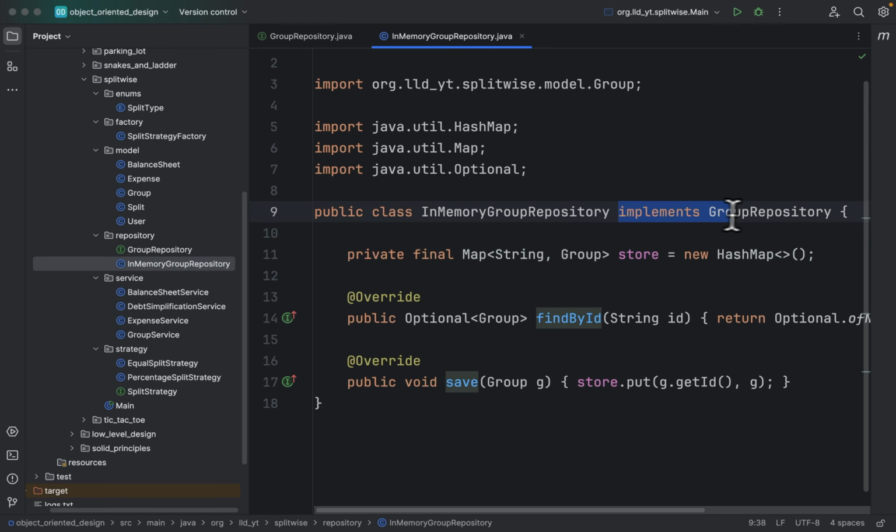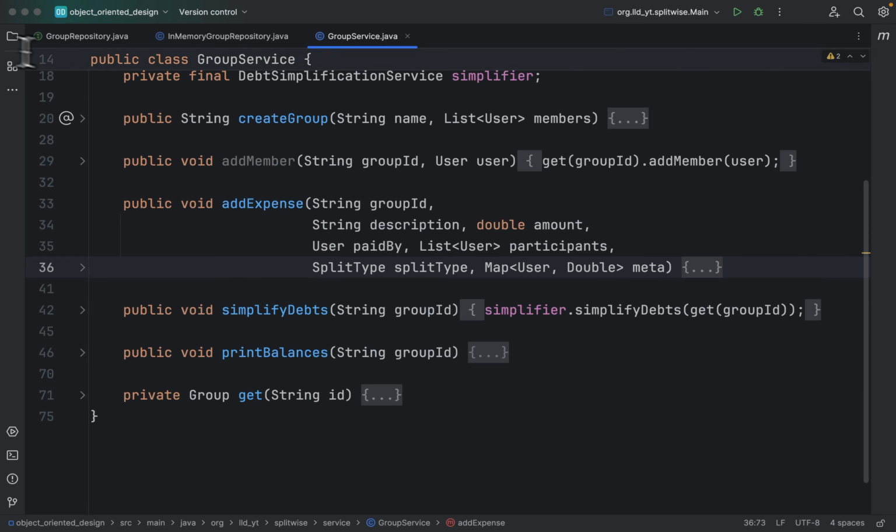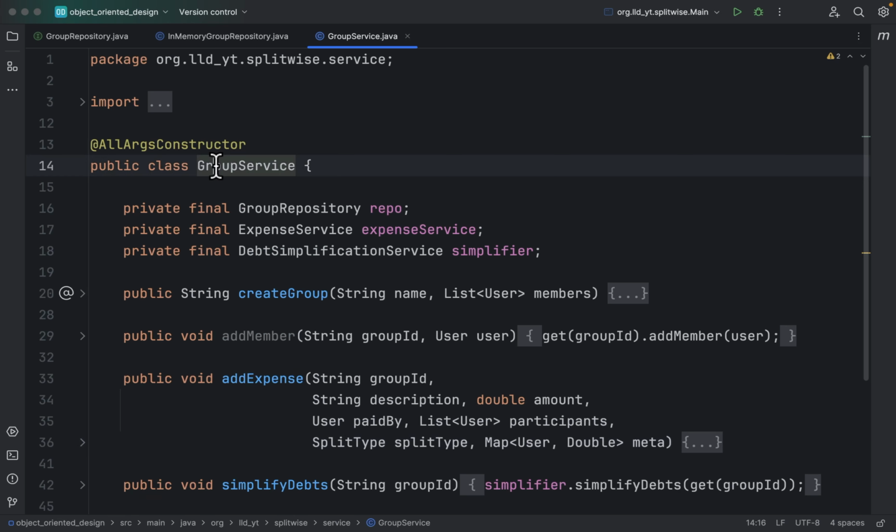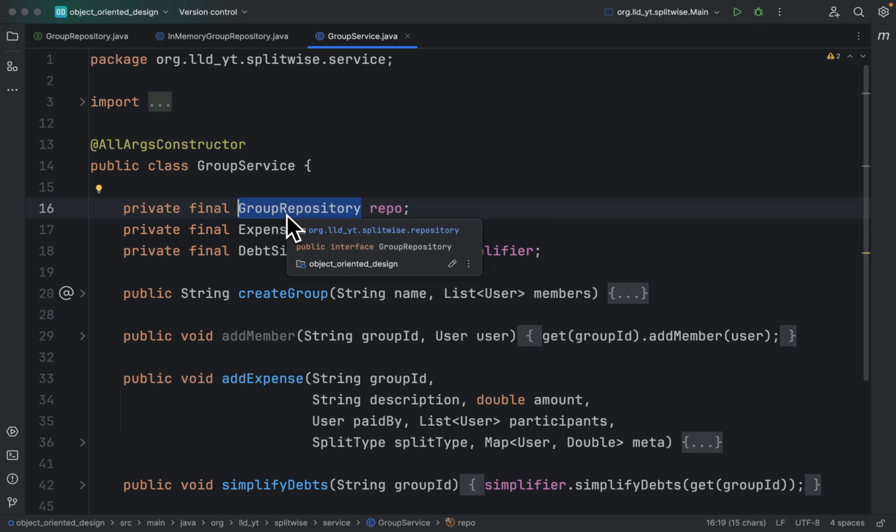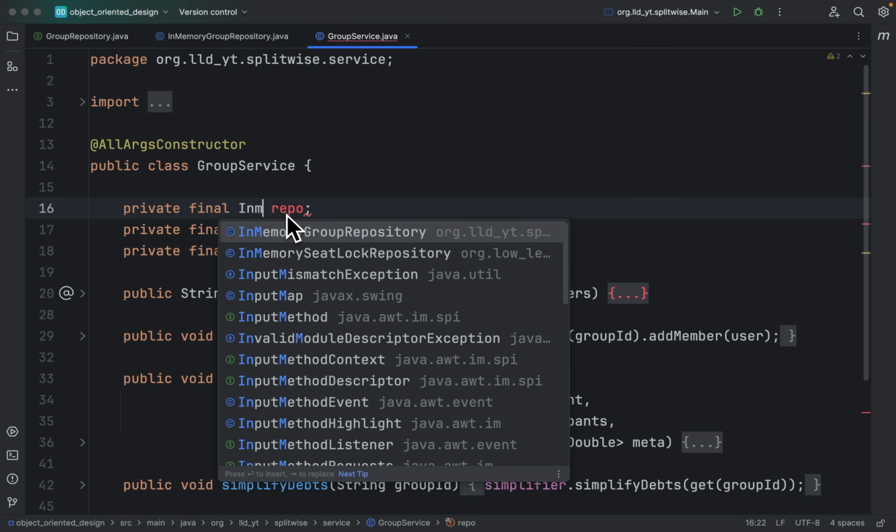And you can make it implement group repository, right? This follows the dependency inversion principle and it would be helpful to you because when you would be writing the group service, there you would be having the reference to the group repository. Now let's say if you didn't create that interface, then here you would have written something like in-memory group repository.